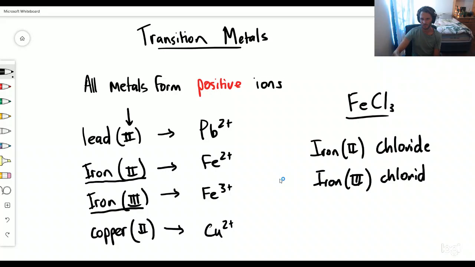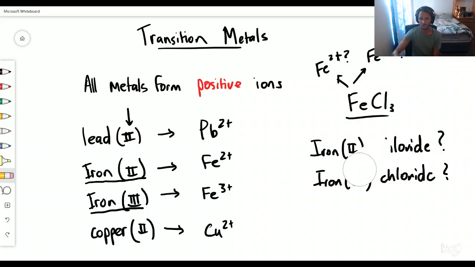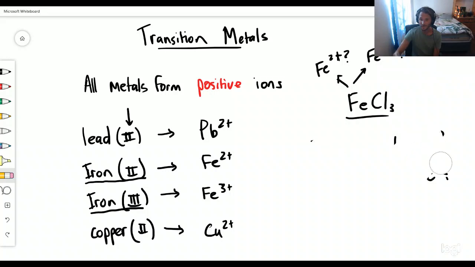We know that iron exists as Fe2+. Is it Fe2+ or is it Fe3+? We don't know this, but we can work it out because we know what chloride is from the periodic table. Chloride is a -1 charge, right?